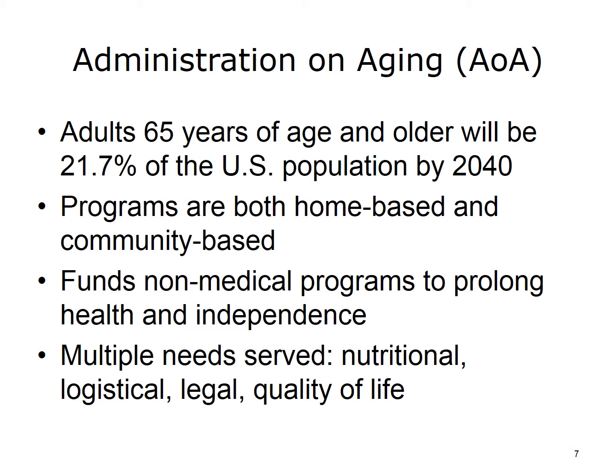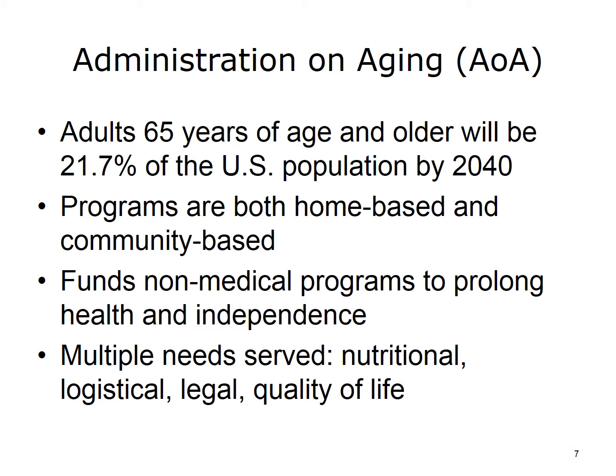Many older people live alone and have a low income, creating an increased need for national programs that target this group. The AOA provides funding for non-medical, home-based, and community-based services for the elderly, with the goal of prolonging the health and independence of senior citizens.